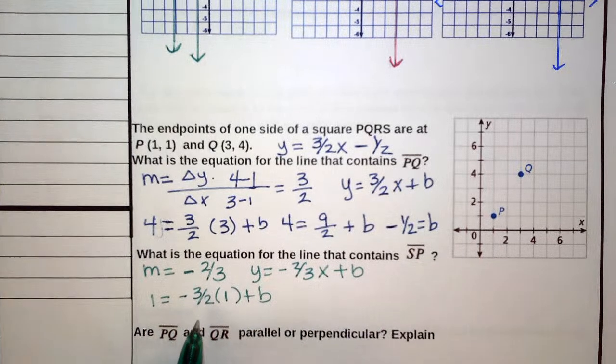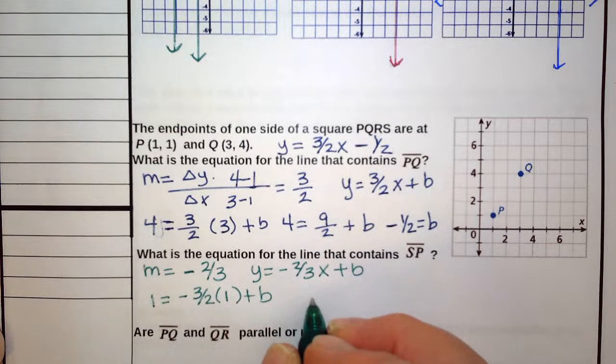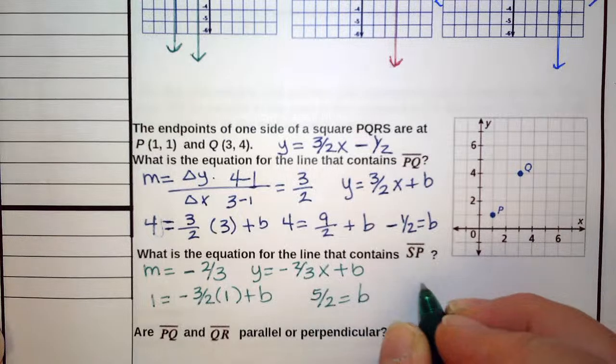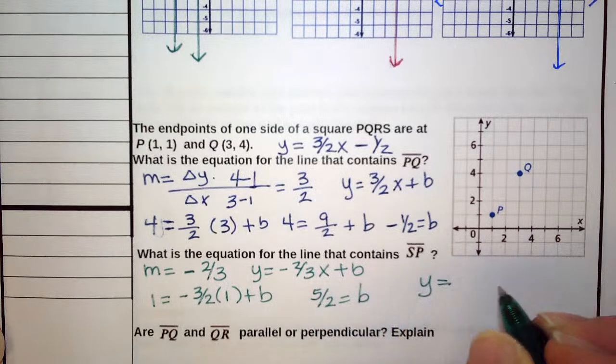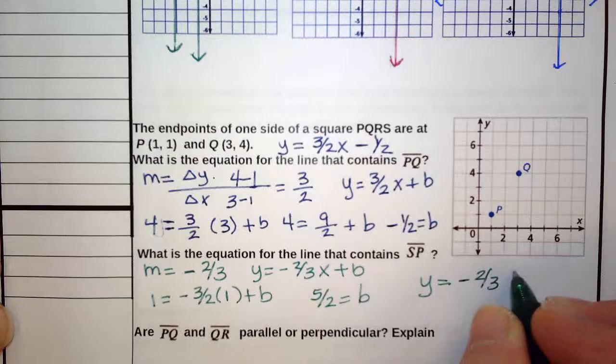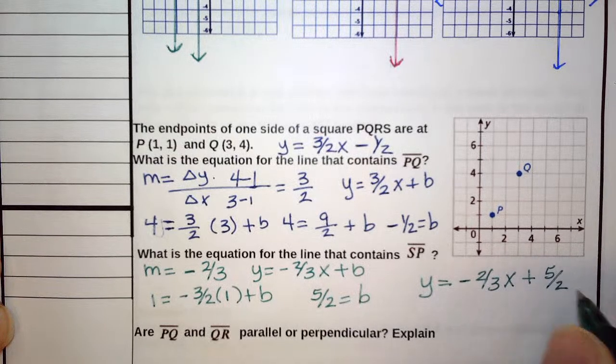Add 3 halves to both sides. 2 halves plus 3 halves gives me 5 halves. So 5 halves equals b. Y is equal to negative 2/3 x plus 5 halves.